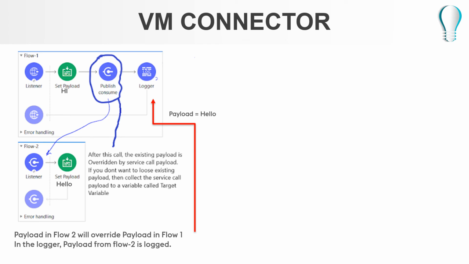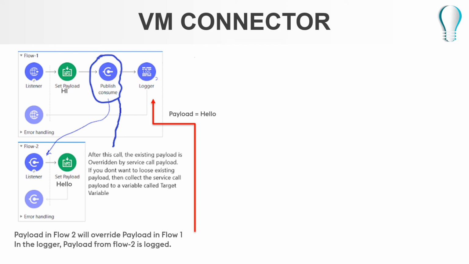Now let's talk about the VM connector. In the VM connector, if we use publish consume, it is a synchronous flow. It publishes a message on the queue and it waits for the response back. Here we have an HTTP listener, then we have set payload. Here we are setting the value to hi in payload. Then we have publish consume. It will publish the message on the queue, then it will wait for the response back.